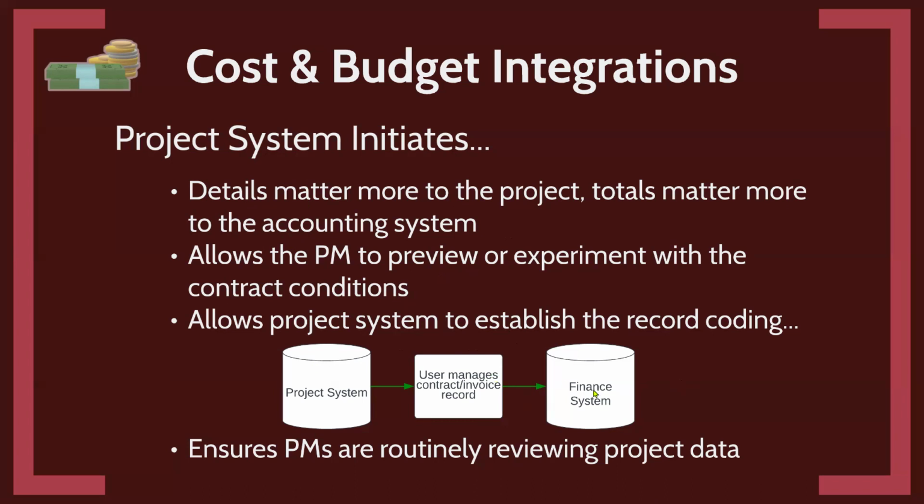The benefit of that is when it goes into the finance system, that code is already there. If you initiate out of the finance system, the coding somehow has to get sent back to the project system, meaning that it also creates the record, which limits your ability to create records like those forecasts or estimates that we saw for the future.